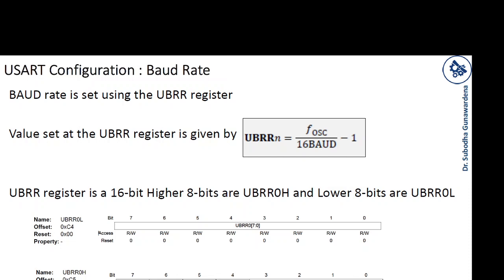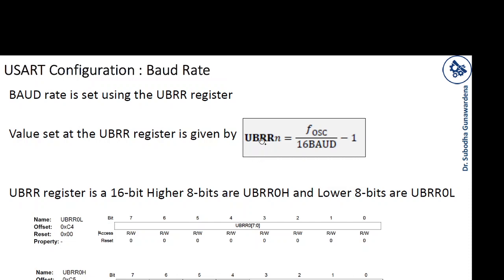Either way we have to set the baud rate. So how are we going to set the baud rate in this particular device? That is using the UBRR0L register and the UBRR0H register, whose values have to be calculated using this particular equation given. This UBRR register is a 16-bit register.